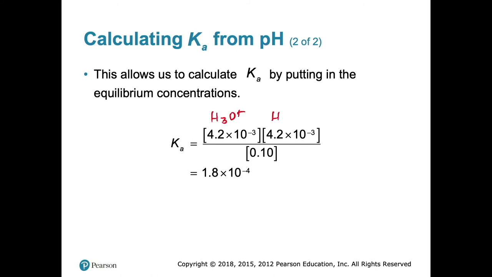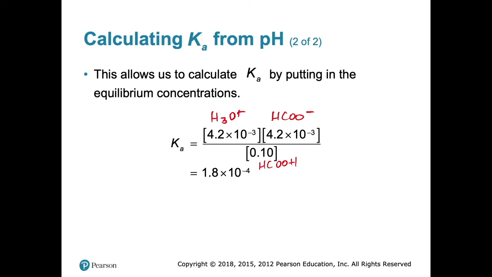And this is the formate, right? And then down here was the original concentration of the acid, which was the formic acid concentration, right? So you plug them all into the Ka expression, and you get 1.8 times 10 to the negative 4. And that's the Ka of formic acid.